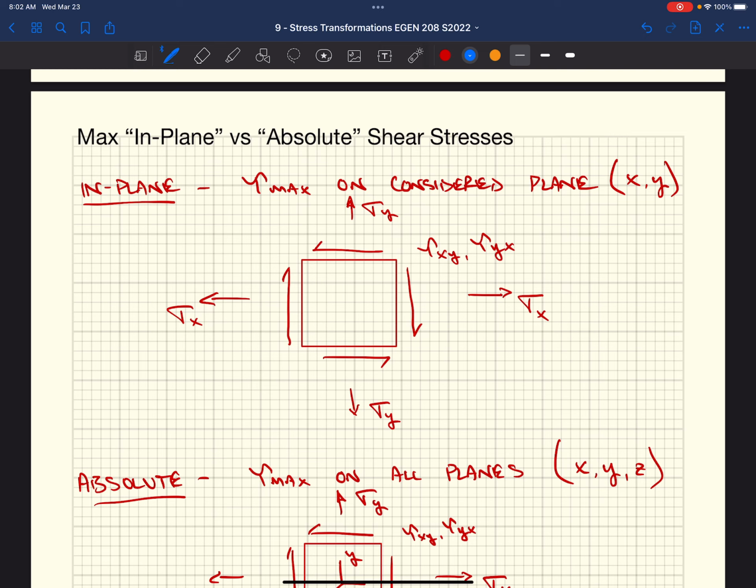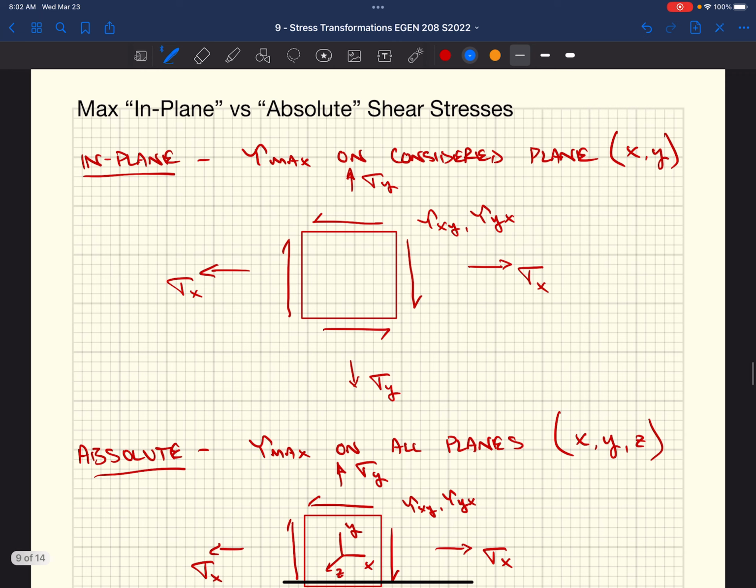And so one of the last concepts here that I wanted to talk to you about is this difference between what we would call the max in-plane versus the maximum absolute shear stress. We talked on Monday about this concept of, in general, as engineers, we typically assume this plane stress condition.